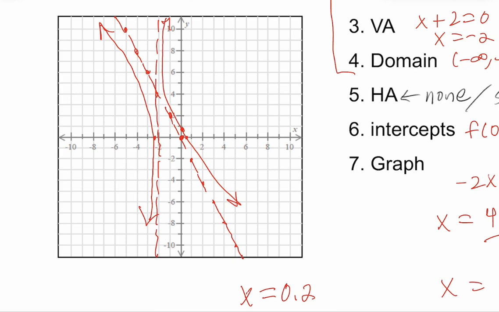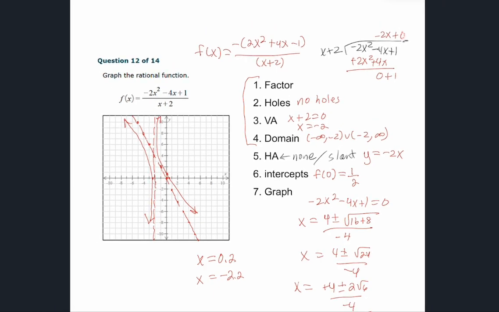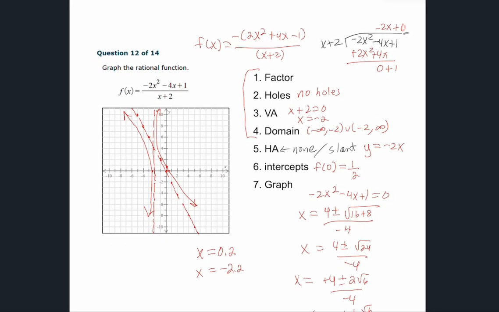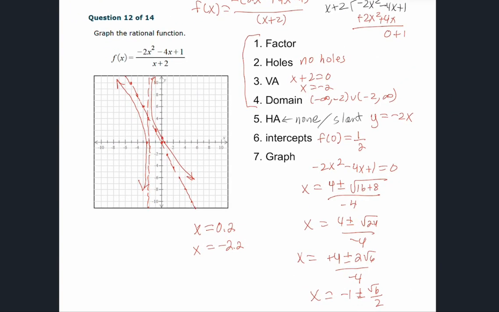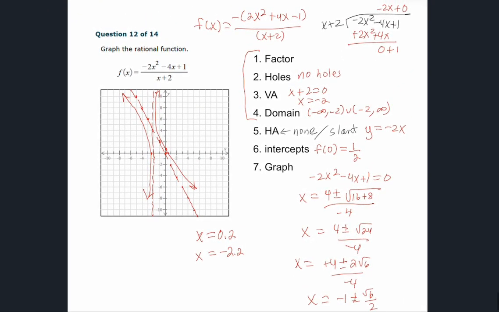And I did check in Desmos to make sure that I was on the right track and that everything was lovely and grand and good. But those are probably some of the weirdest graphs because we have what's called a slant asymptote.